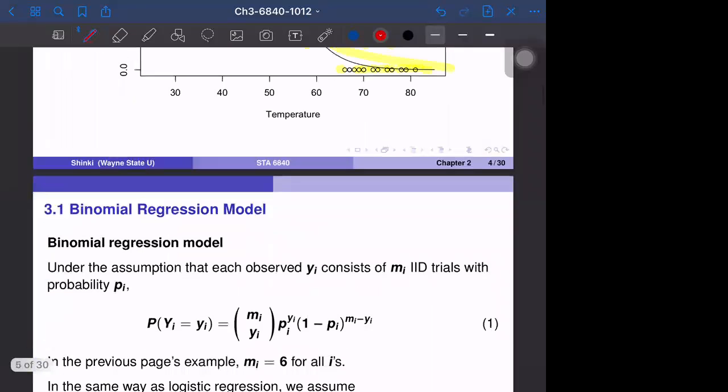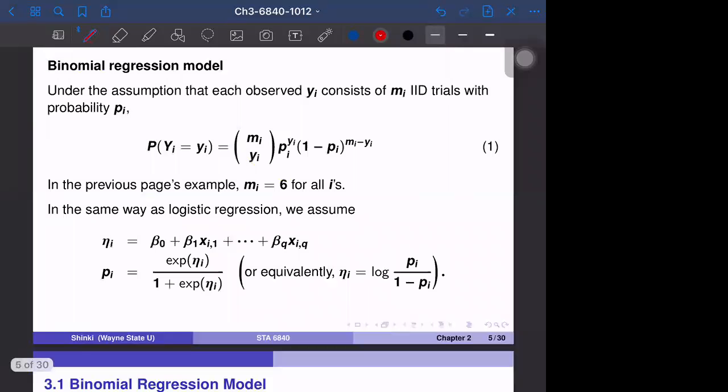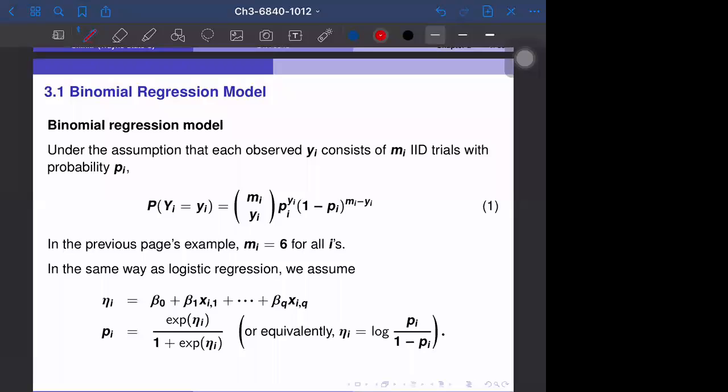And what's the model that we used to fit the data? It is basically the same as logistic regression, with a difference in the probability. In logistic regression, we model the probability that yi is equal to 1. But here we observe several numbers: we have 6 trials and the number of successes or failures.